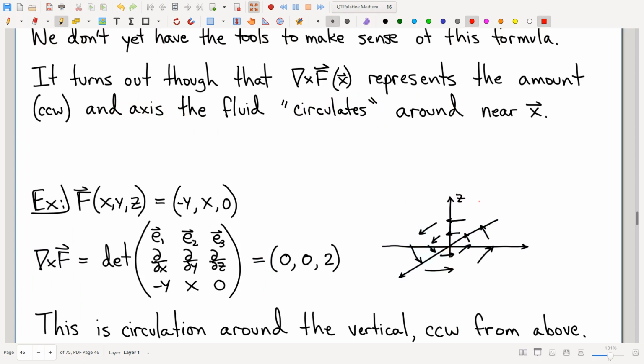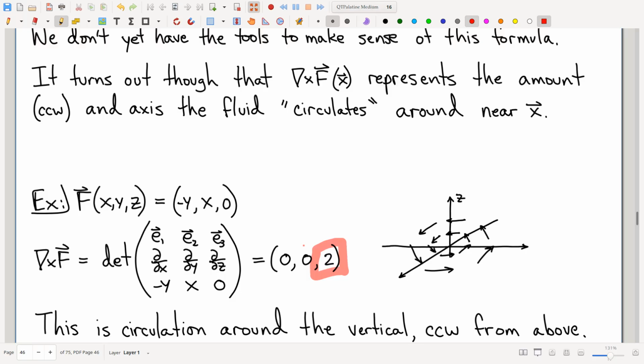What is harder to talk about is what's the significance of the fact that the magnitude is 2. If you want to make physical sense out of that, we've got to start worrying about units and physical properties of the fluid and stuff like this. And we can't do that until we have all the proper terms.